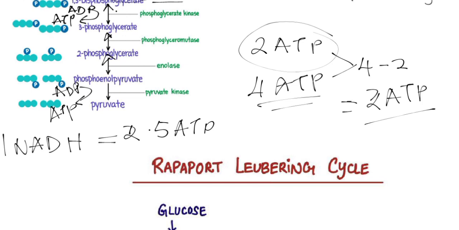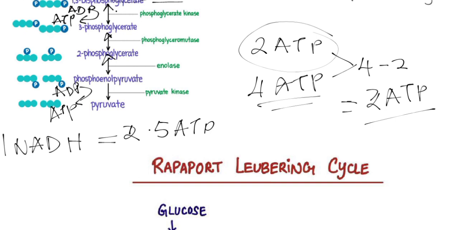It's the same as 5 ATP because 1 NADH is equivalent to 2.5 ATP. In some books, you're going to see they have put 3, but according to the current research, they found out that 1 NADH is equal to 2.5 ATP and not 3. So when you find 3 on Google or in books, don't be confused. You should stick to 2.5. 1 NADH is equal to 2.5 ATP.